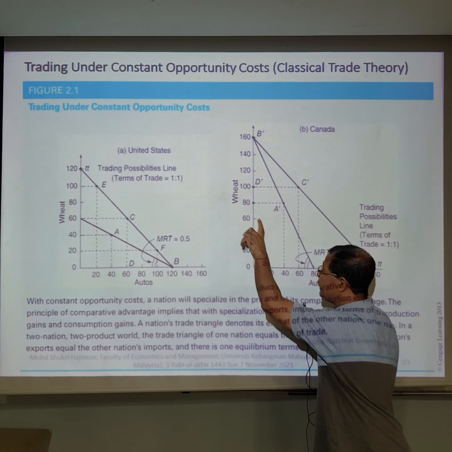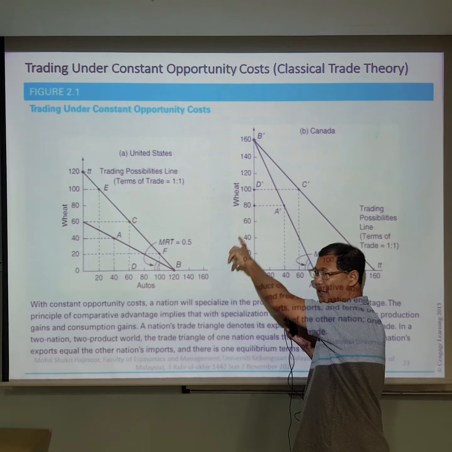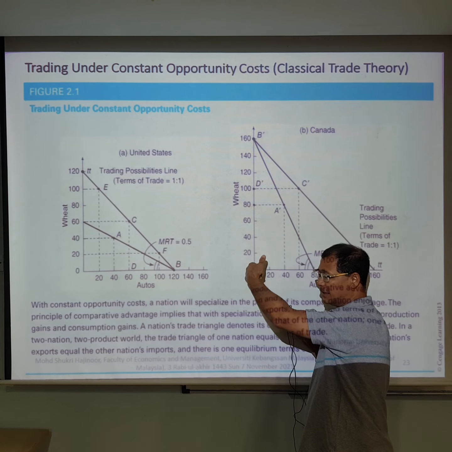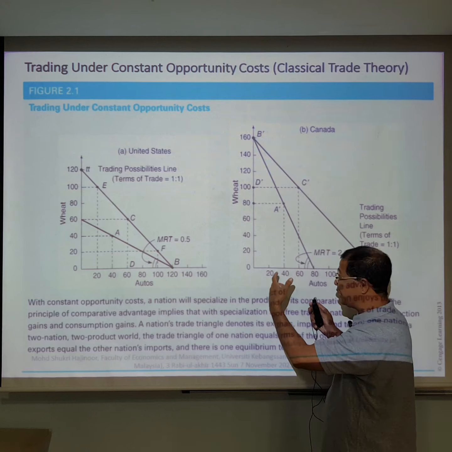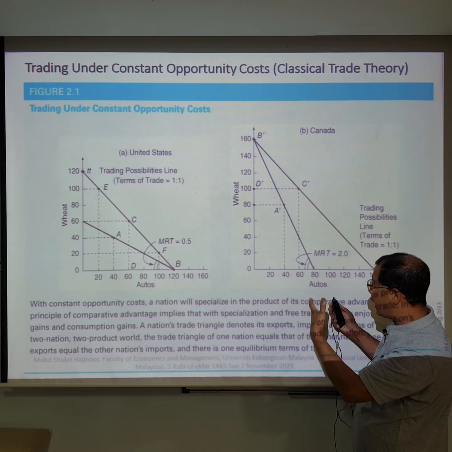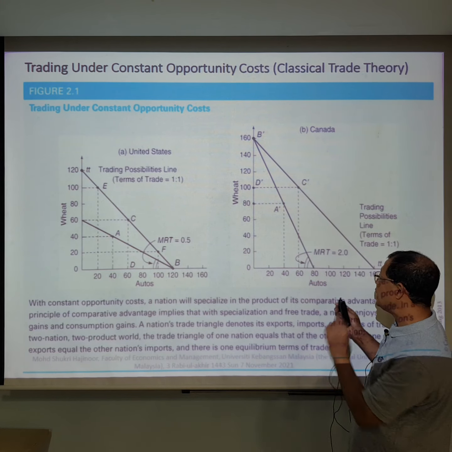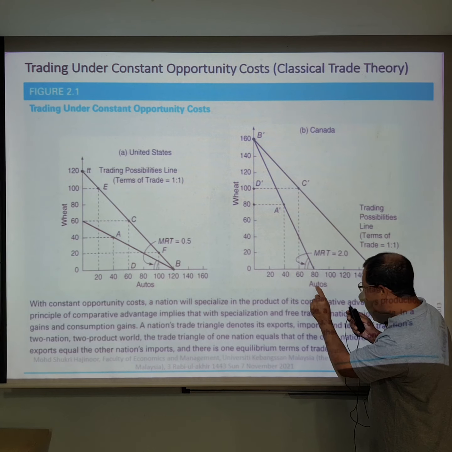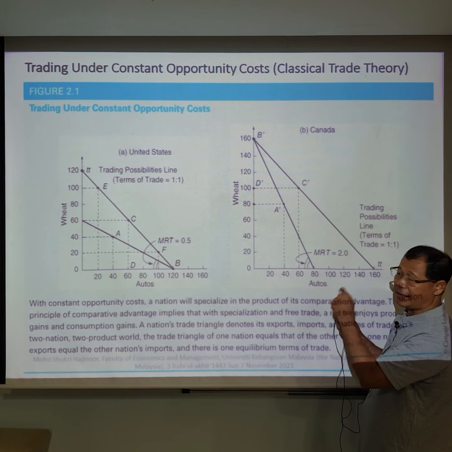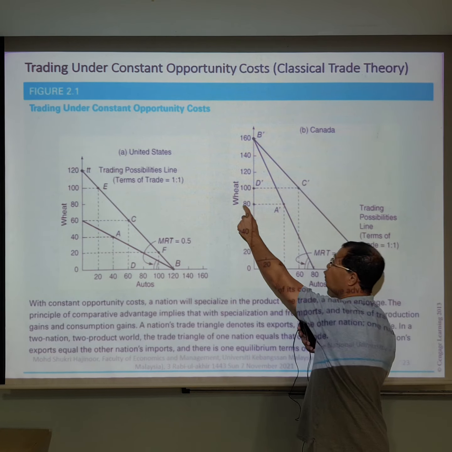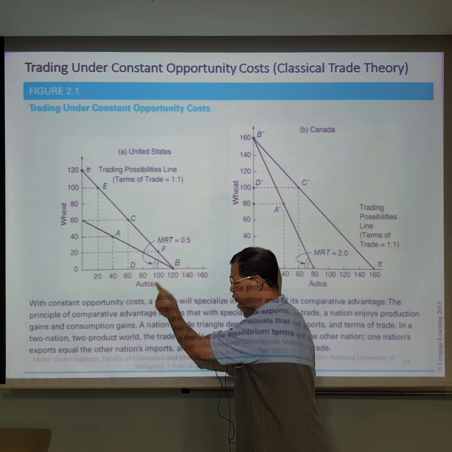So, a large sacrifice of the other product signifies the high opportunity cost in producing autos here. As a result, Canada better specialize in wheat, and the United States specialize in autos.